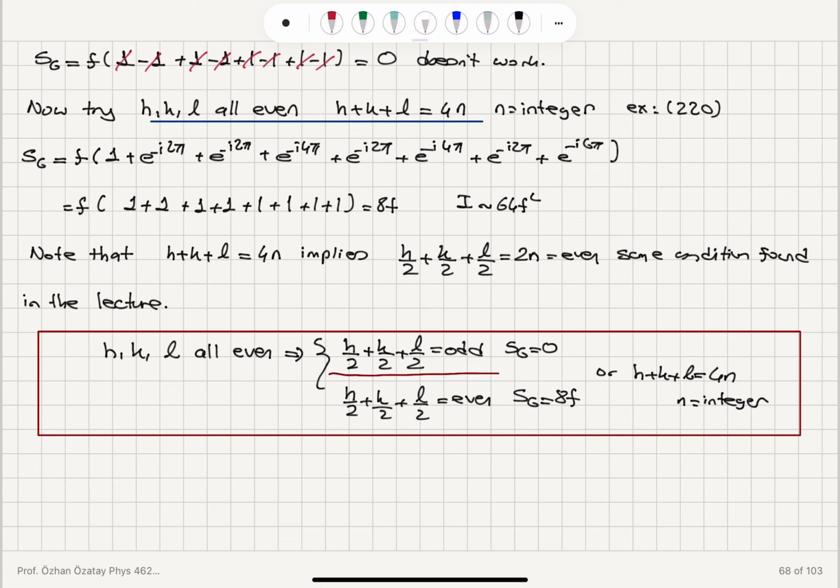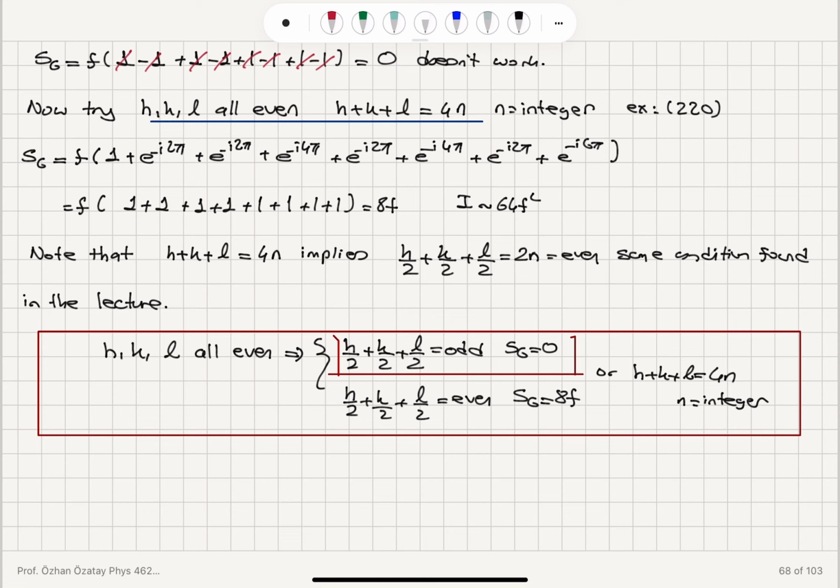So this is another 0 case. Now, when they are all even and their sum is equal to 4n, where n is an integer, for example 2, 2, 0, we have demonstrated that we get 8F for the geometrical structure factor. 64F squared is what the intensity is proportional to.